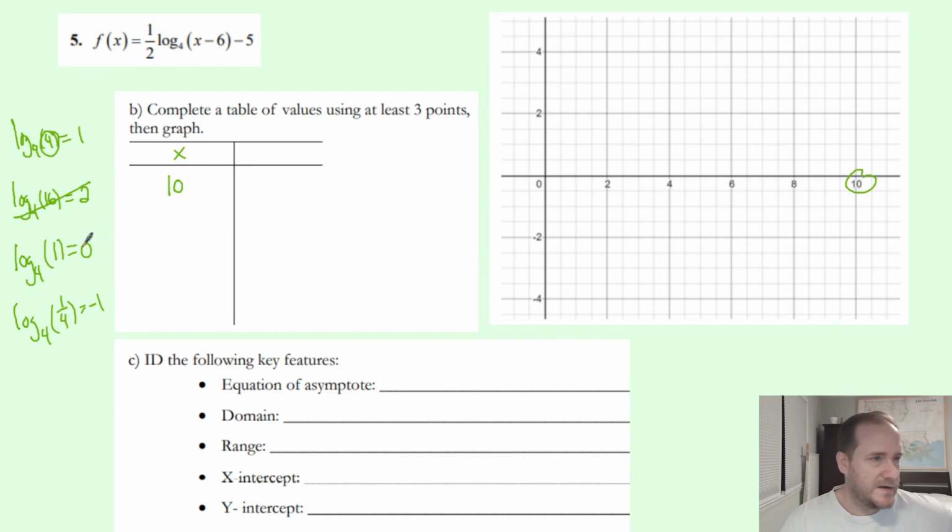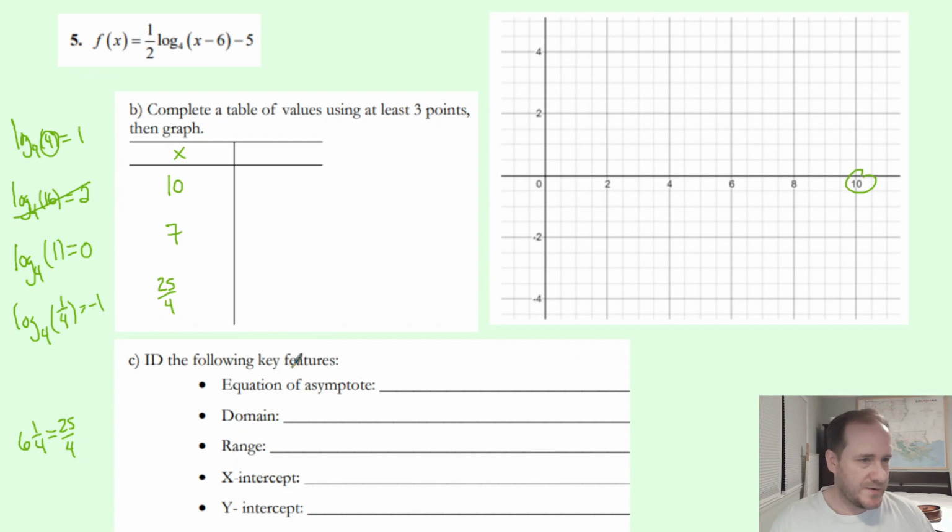And to get 1, we'd evaluate at 7. And to get 1/4, we'd evaluate at 6 and 1/4. Doing that math as a mixed number is easy, but I hate mixed numbers, so make sure you convert it to an improper fraction. So 6 times 4 is 24, plus 1 is 25/4. But those are going to be the 3 values where I would evaluate.